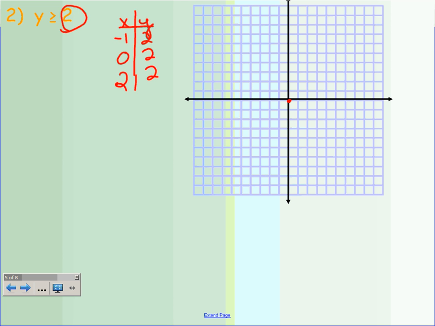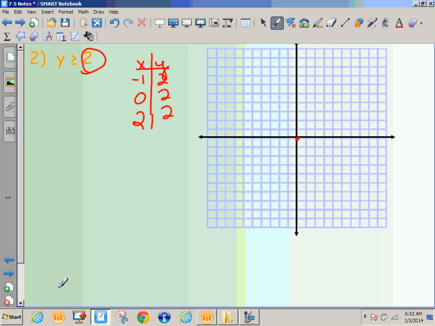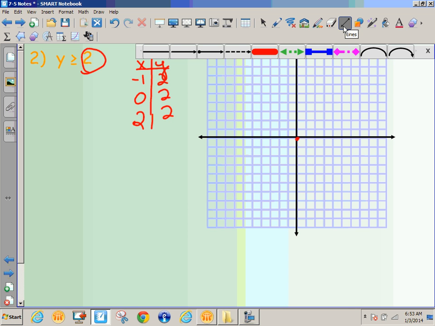and this time it has to be a solid line. How do I know that it's a solid line? Because, I lost my tools. It has to be a solid line because y is greater than or equal to 2.